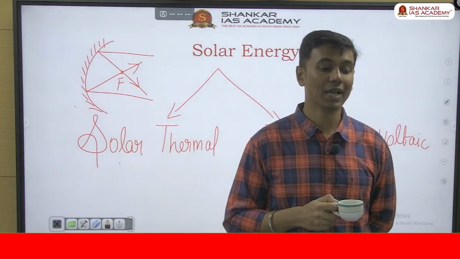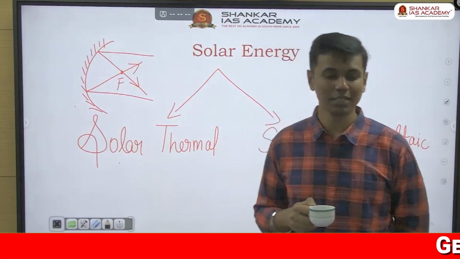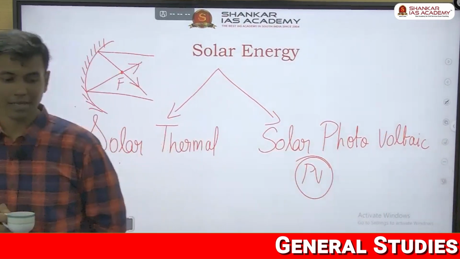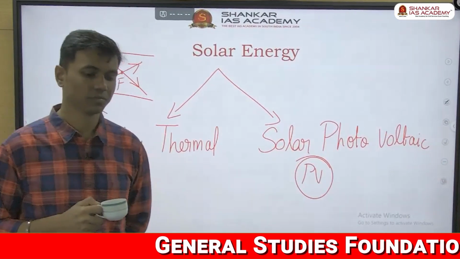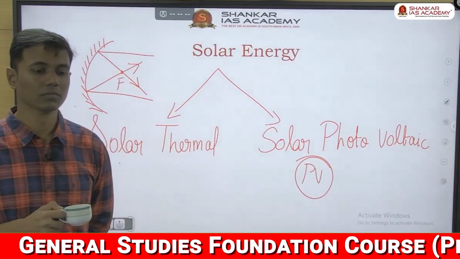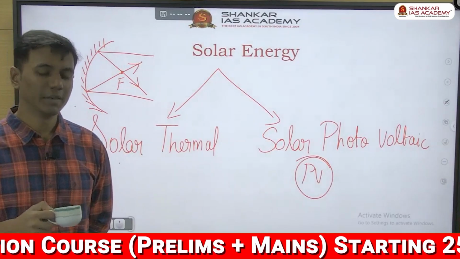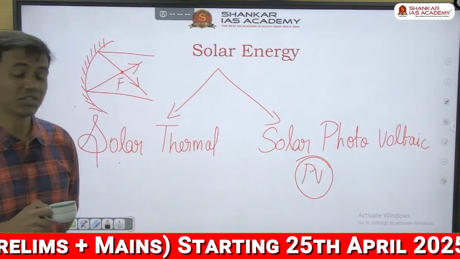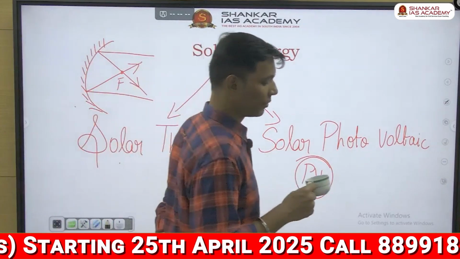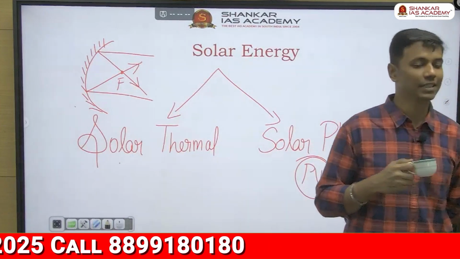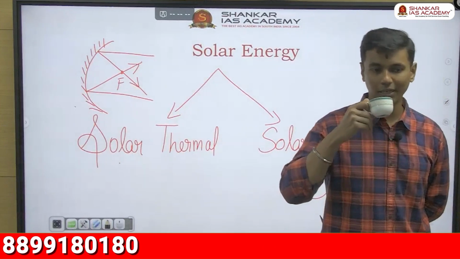This produces high temperature, which can be used for generating steam, and producing AC current or alternating current.